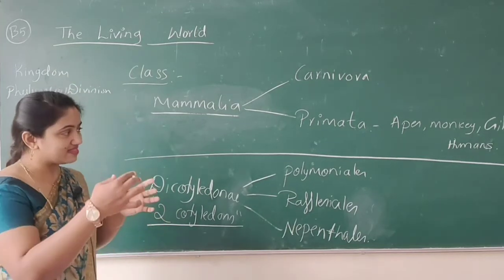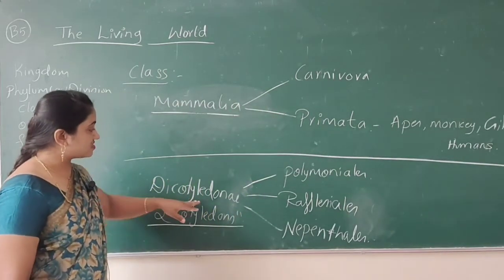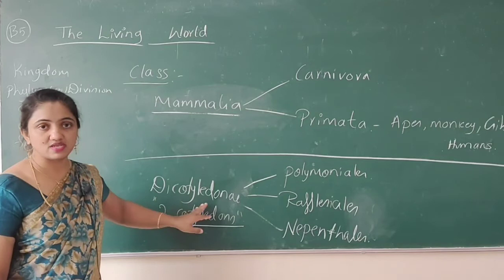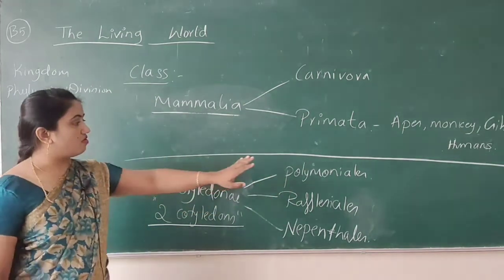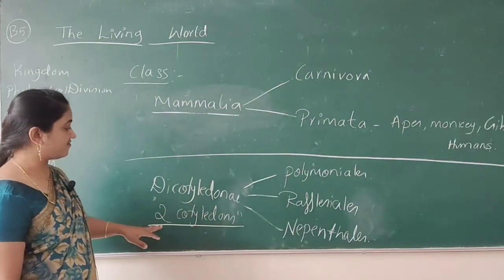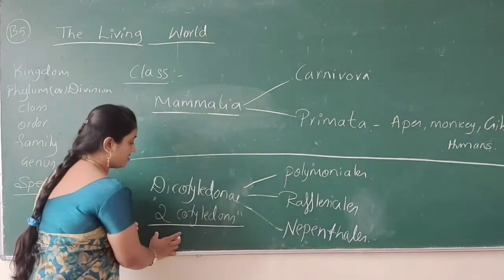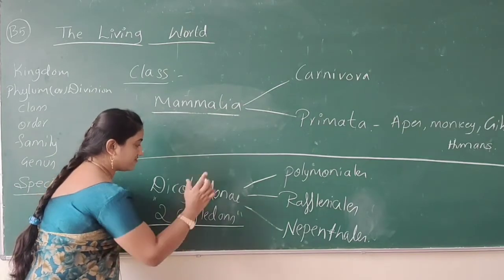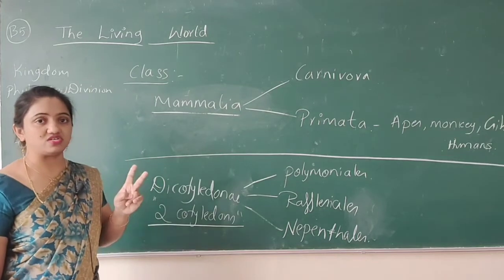By taking that one similar character, they are grouped under the same class known as Dicotyledonae. Which is that similar character? That is the presence of two cotyledons.